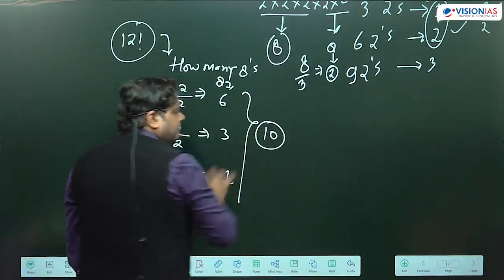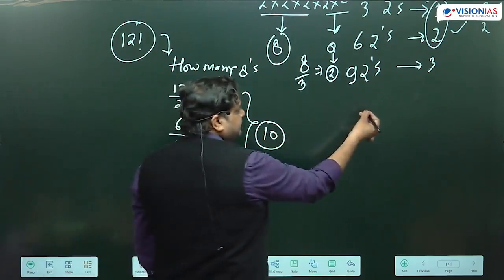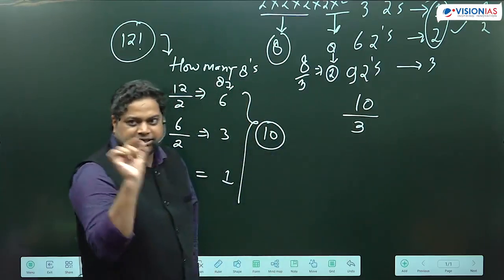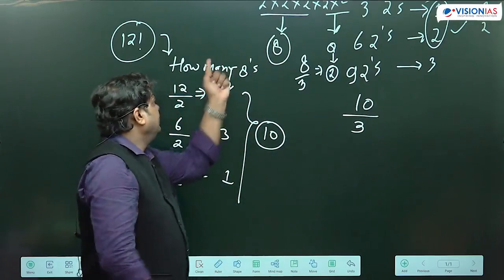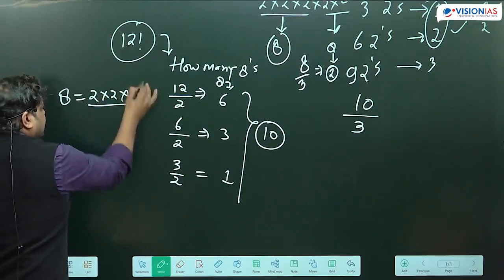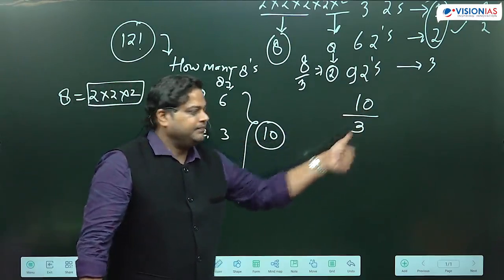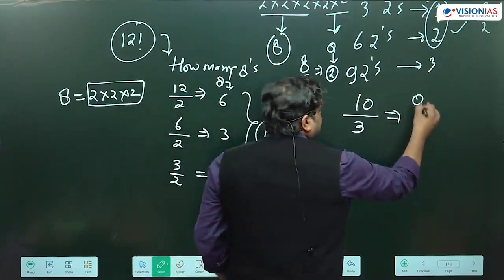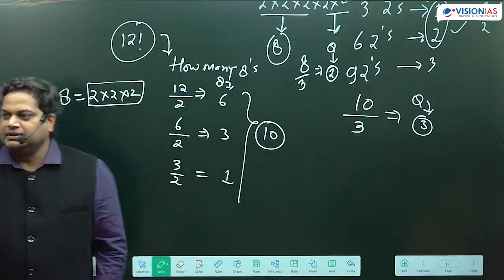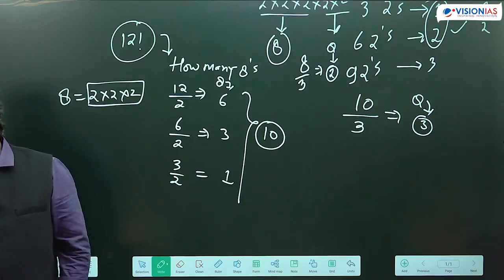How many 8s can we have? From three 2s we get one 8. So we divide 10 by 3. This 3 is because if we write 8 as 2 into 2 into 2, three 2s are needed. We divide 10 by 3. What quotient comes? 3. So the maximum number of 8s we can have is 3. Now if they ask for 50 factorial or 100 factorial, we can get the answer.